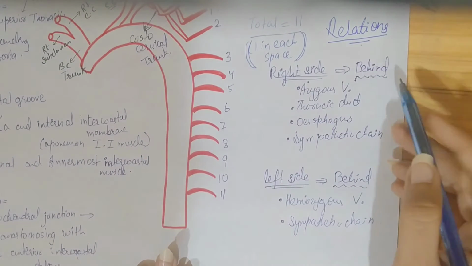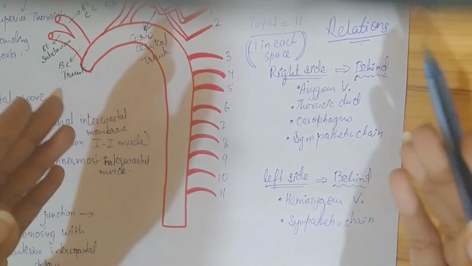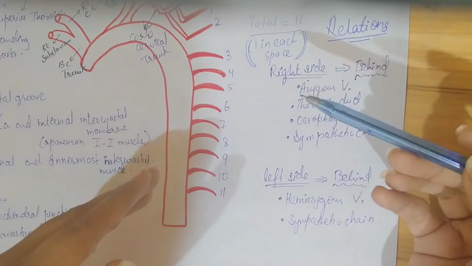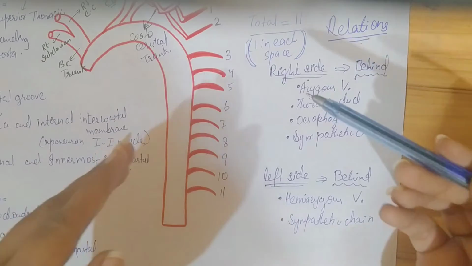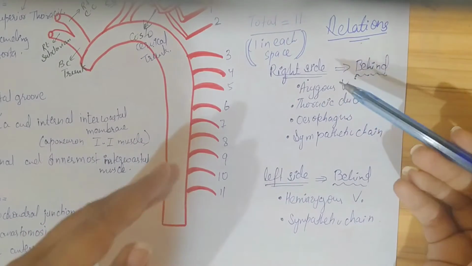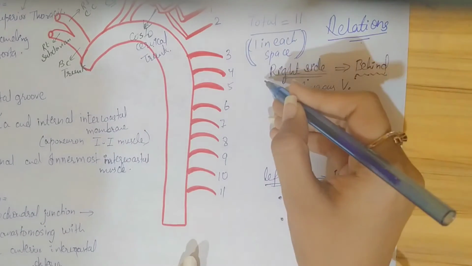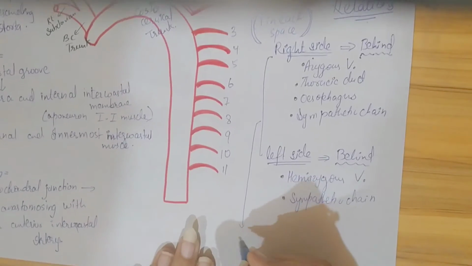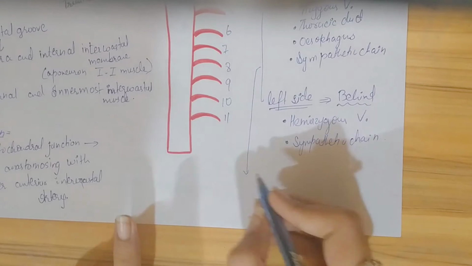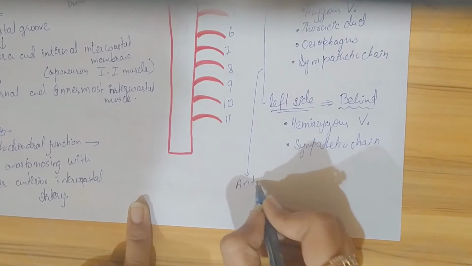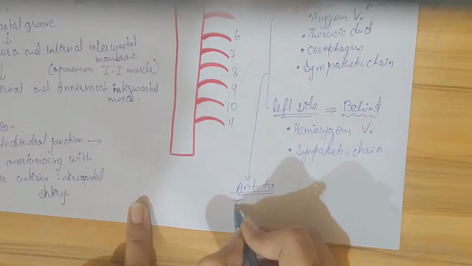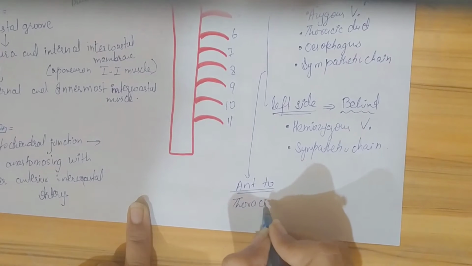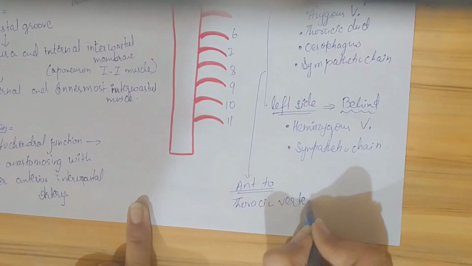And the posterior intercostal artery is anterior to the thoracic vertebra, both on the right and the left side. I'll show you this on the diagram too.